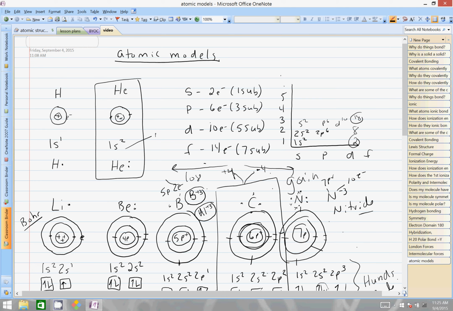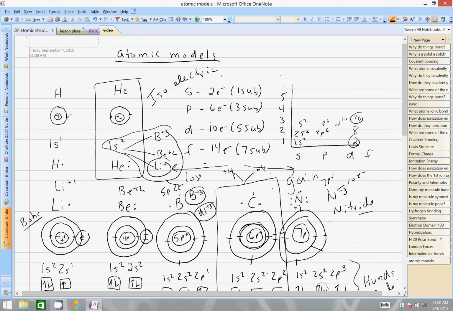So this is helium and boron plus 3. And then we got beryllium, again losing these 2 electrons to expose its full inner shell, Be plus 2. Same as helium, Be plus 2, and lithium, of course, losing 1 electron, would be lithium plus 1, and the same configuration here. So all of these guys are now what we call isoelectronic.